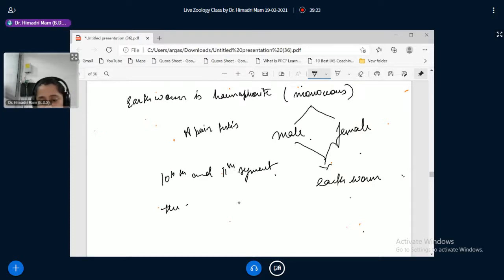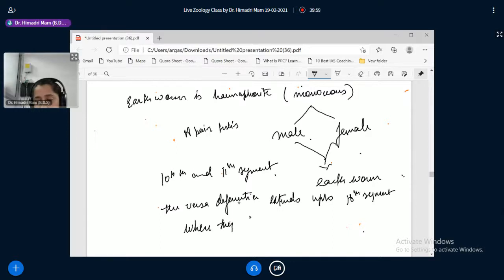The vasa differentia extends up to the 18th segment, where they join the prostate duct and form a common sperm duct.